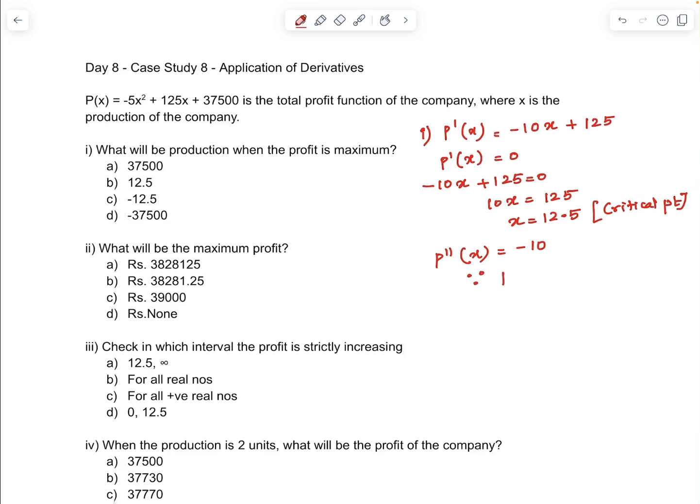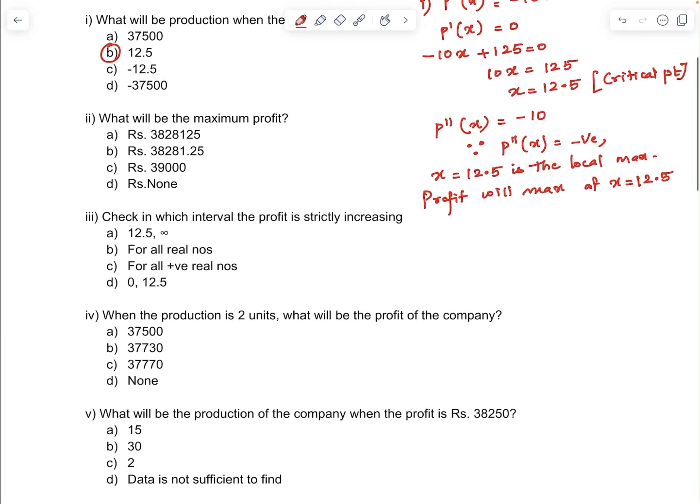Since the second derivative is negative, x equal to 12.5 is the local maxima. That is, the profit will be maximum at this point. So answer is option B.